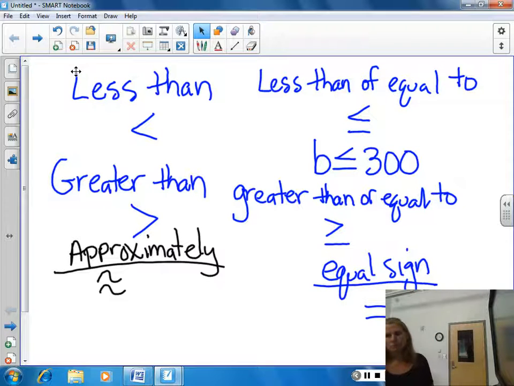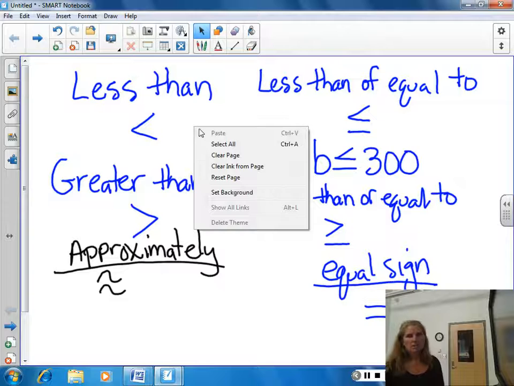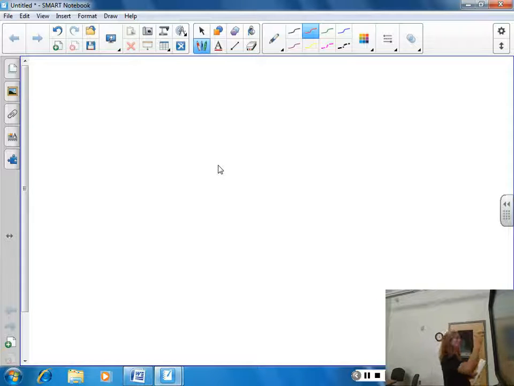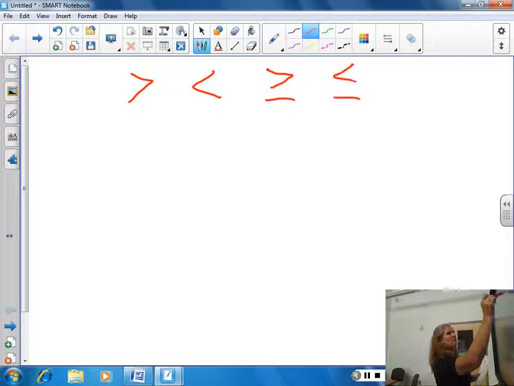So what I want you to be able to do is to compare numbers using these different symbols. And so let's write up some problems. Let's say each of these can only be used one time. So we have to find the best use because we can only use them once.